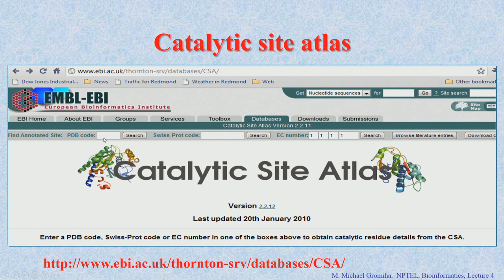Using the information, they developed some models to identify the catalytic site residues and they predicted the catalytic site residues for all the enzymes. If the structure is not known, they use the sequence information and identify the catalytic site residues. They included that information also in this database. So, it contains both the experimental data as well as the computationally identified catalytic site residues if structures are not known.